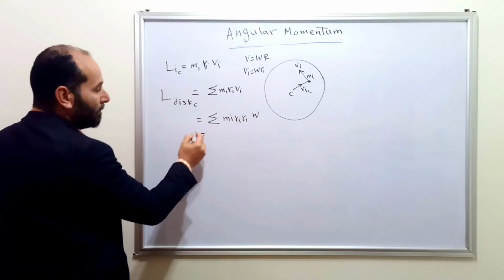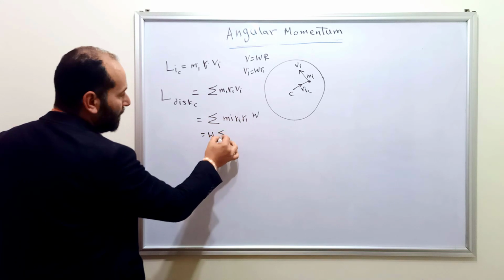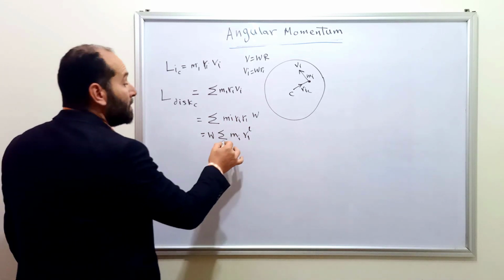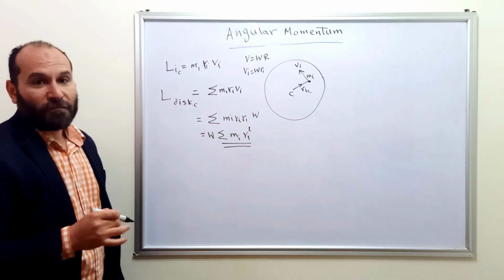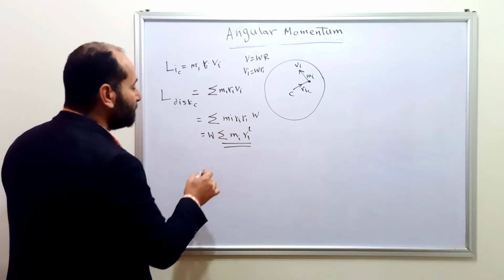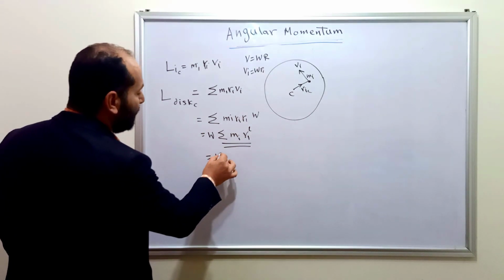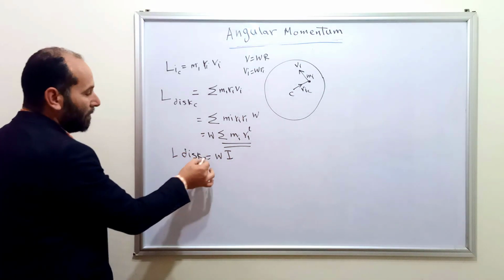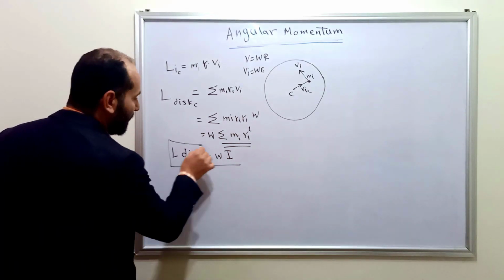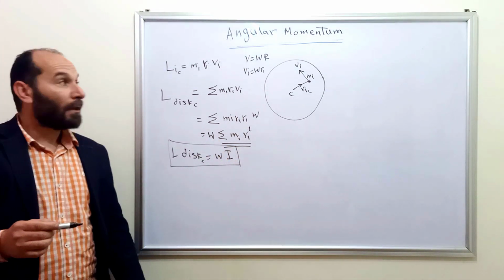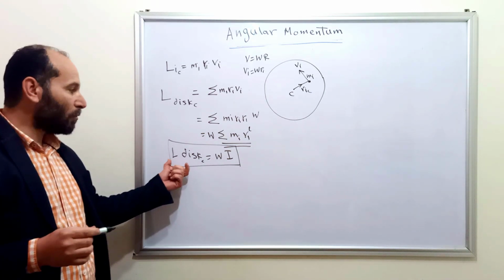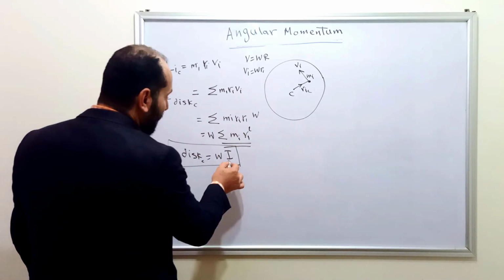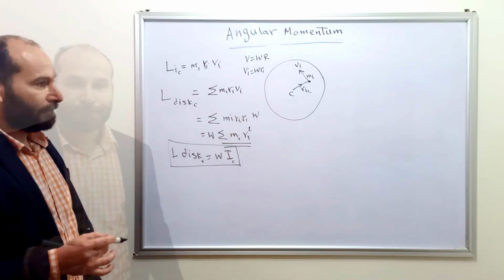Omega is constant, we can put it outside. Sigma Mi Ri squared is the moment of inertia of this disk. So L of the disk equals omega I. This is the second rule to find angular momentum: angular momentum equals omega times the inertia of this disk, according to the point C.